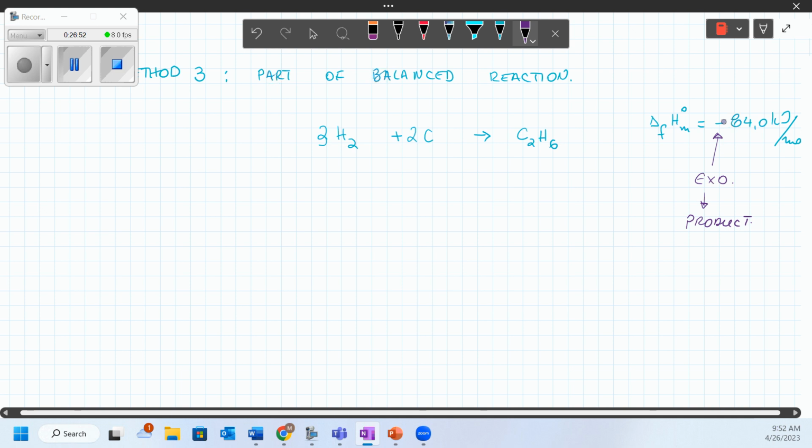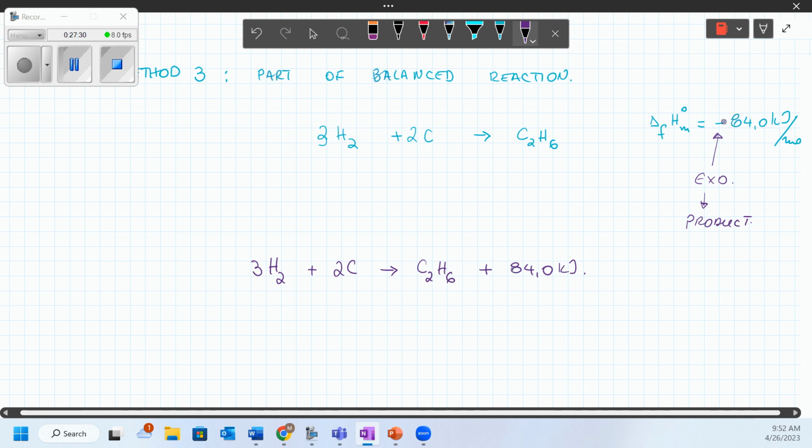The last question is whether the balanced reaction is with 1 mole or more than 1. Is it with 1 mole? Therefore, when we express the enthalpy as part of the reaction, we will write it as 3 hydrogen plus 2 carbon will give you 1 mole of ethane, plus 84.0 kilojoules. Make sense?